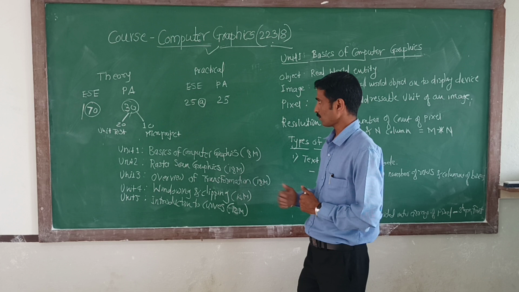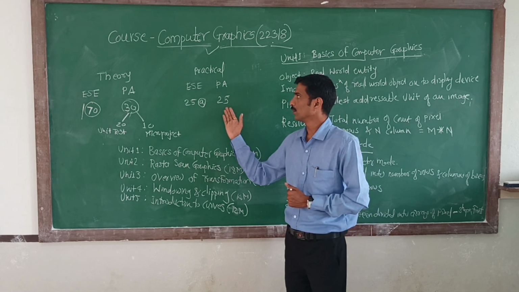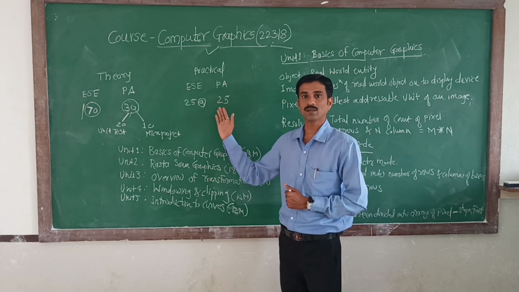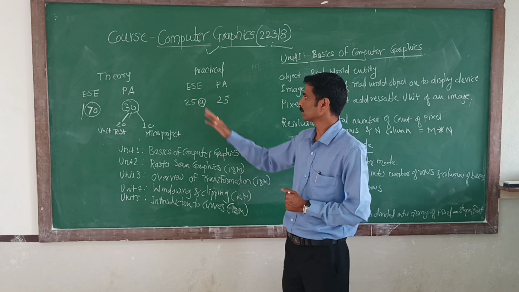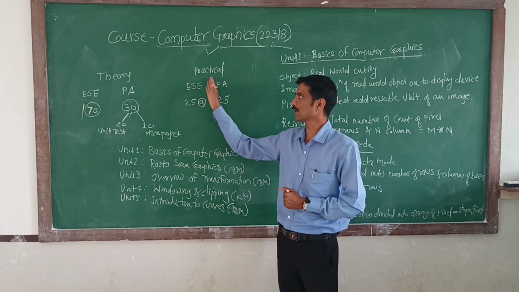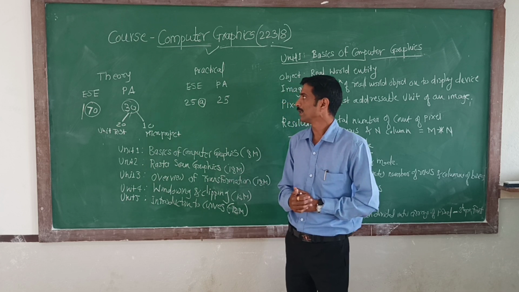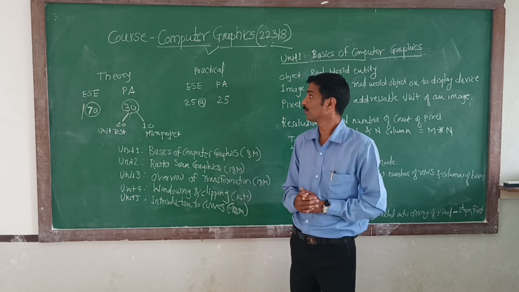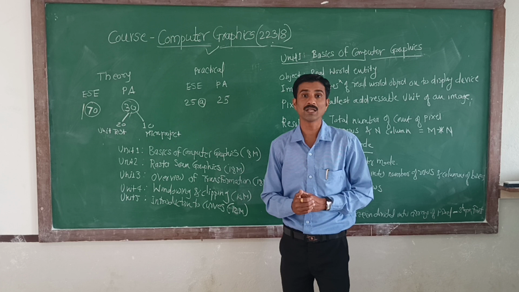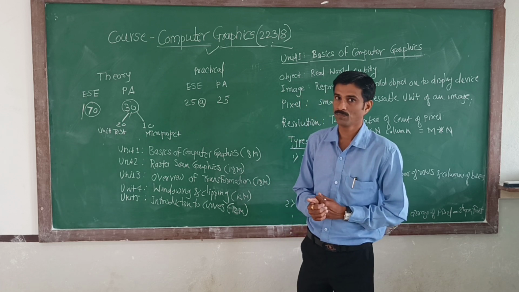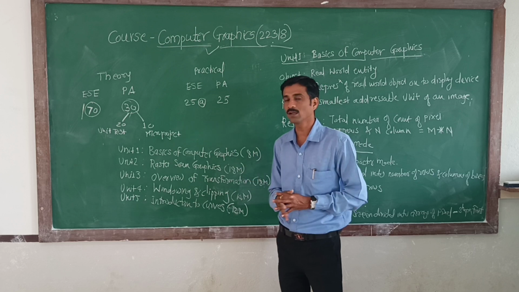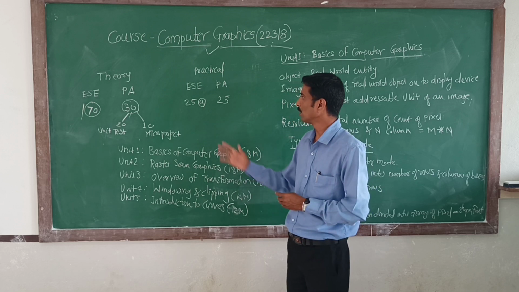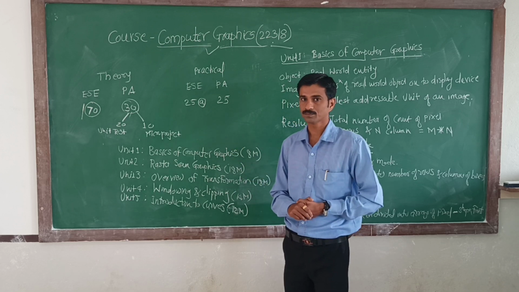Then we will see the practical part. So in that, the end semester exam, ESE for practical is for 25 marks. Okay, similarly like theory ESE, there is a practical ESE, end semester examination, for 25 marks.